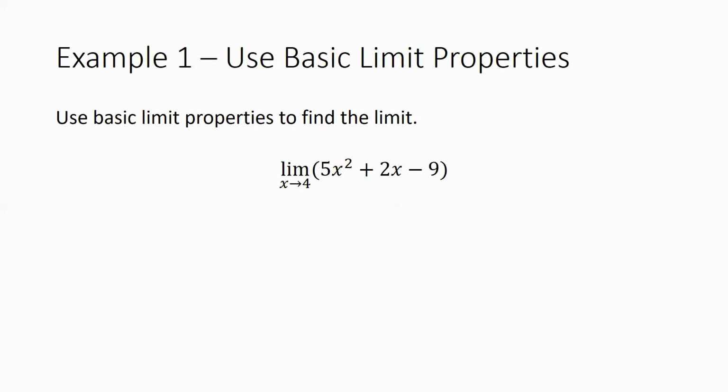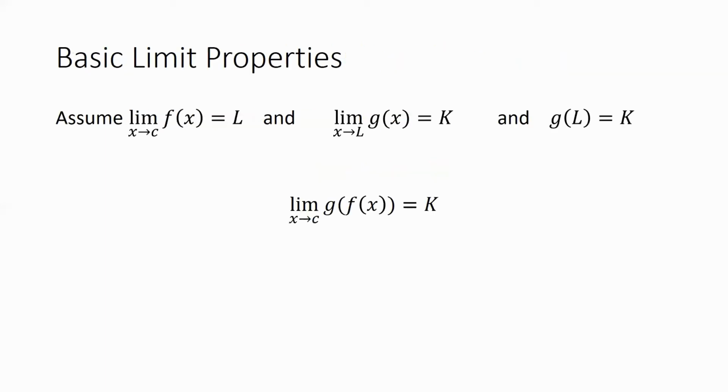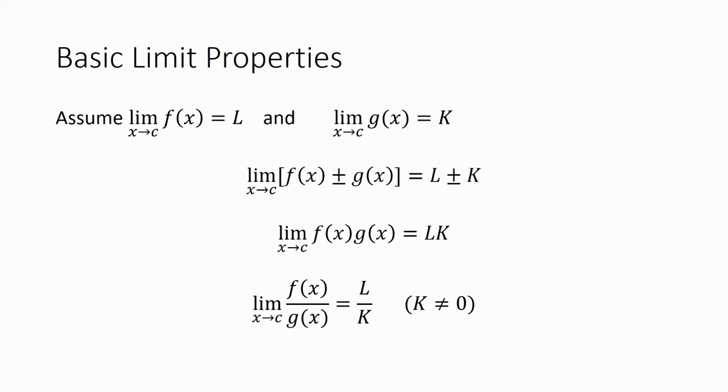Now, let me give you an example of how this is going to work. We're going to take the limit as x gets closer to 4 of 5x squared plus 2x minus 9. Now, this is a polynomial. And so what we're going to do is use the basic properties of limits that we just figured out.